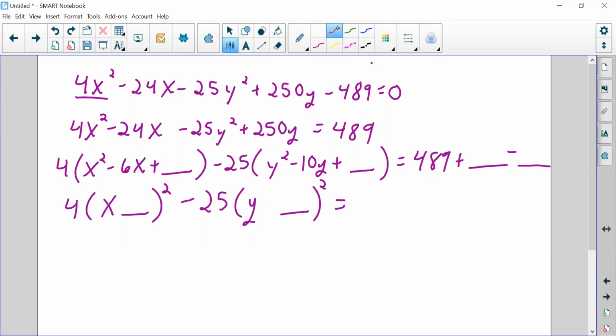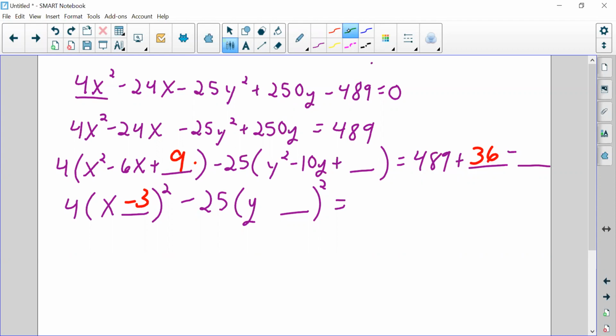All right. So what goes in this bottom blank here? Negative 3. So I took that negative 6 and divided by 2, which gives us negative 3. This top blank: negative 3 squared, which is 9. And so 9 times 4 is what I'm going to add over here. So 9 times 4, 36. Then I'm going to repeat for the y's.